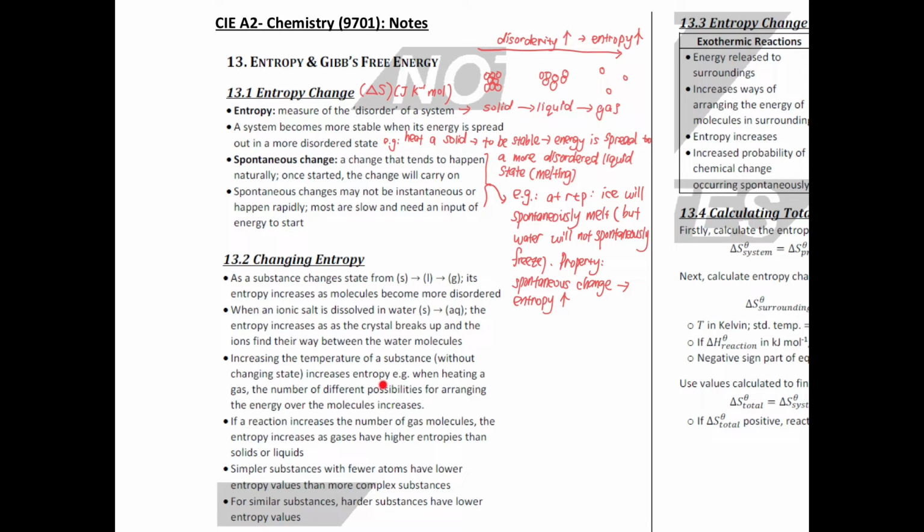For example, when heating a gas, the number of different possibilities for arranging the energy over the molecules increases. So likewise, if you heat up the gas, it becomes more and more disordered also. Of course, they use a different way to put it.